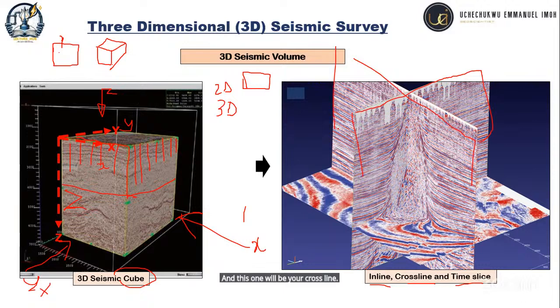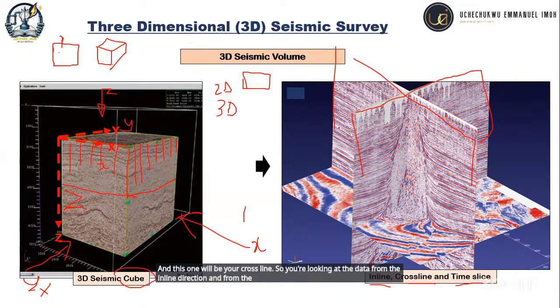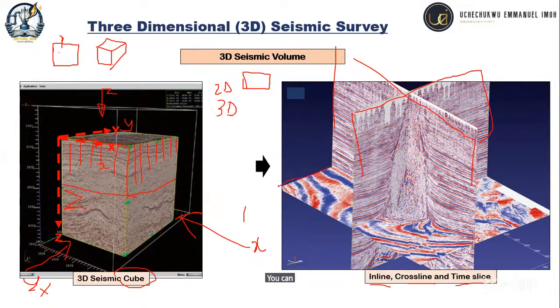So you're looking at the data from the inline direction and from the cross line direction. And you can also look at the data from your time slice direction. So it's like getting a plane view of the data. For the time slice direction, you can choose any time from 1 second to 500 to 1,000, 2,000, any time of interest. You can just cut the data from that time and look at the data from that direction.